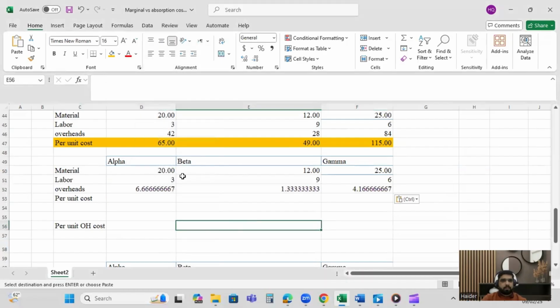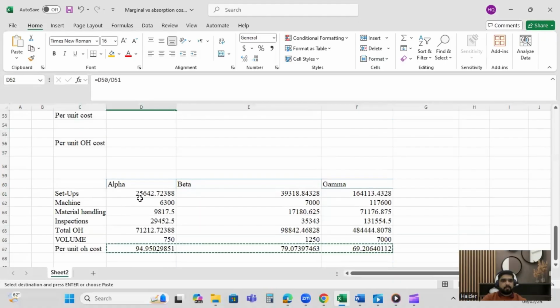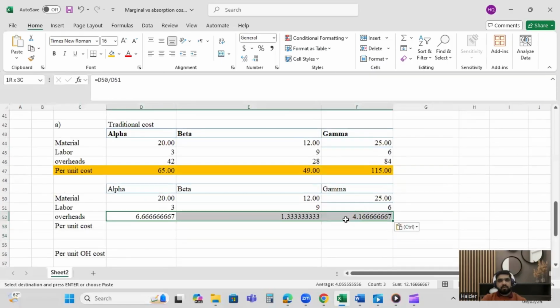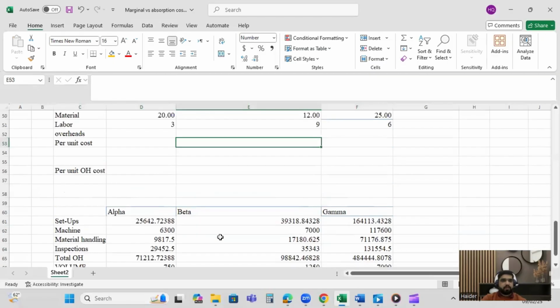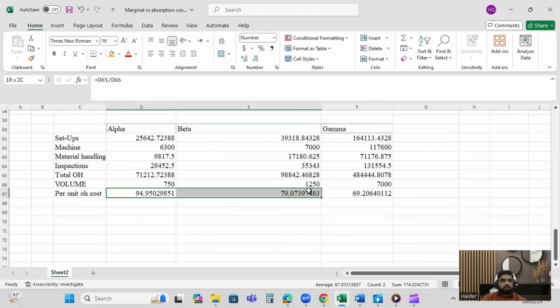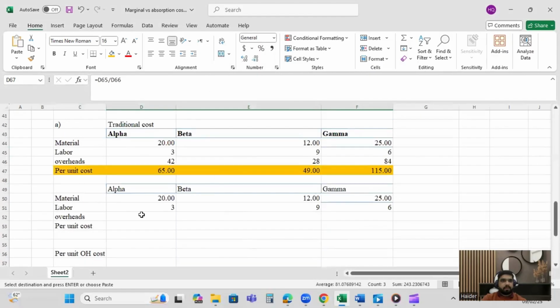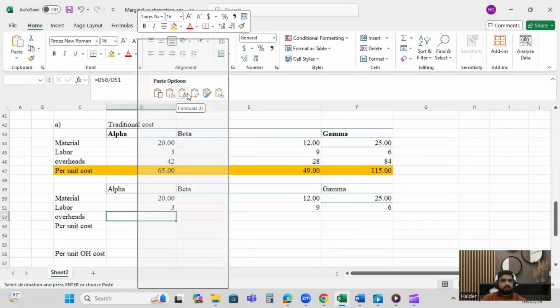Now, if you total them, the material cost is already calculated, the labor cost is already calculated, and the overhead cost we need to paste here. This is not the overhead cost, I need to paste correctly. This is the overhead cost per unit using activity-based costing. And here we have to put the data.